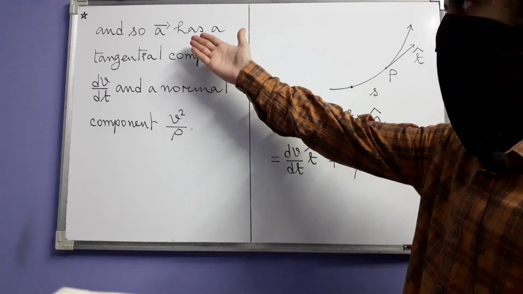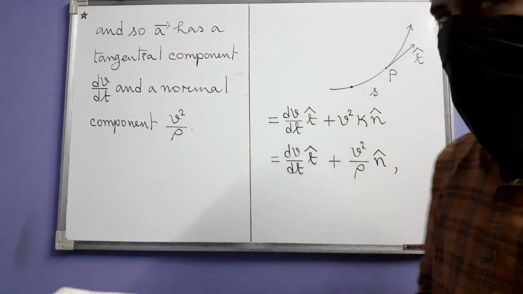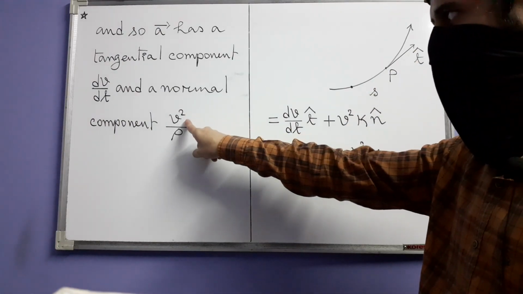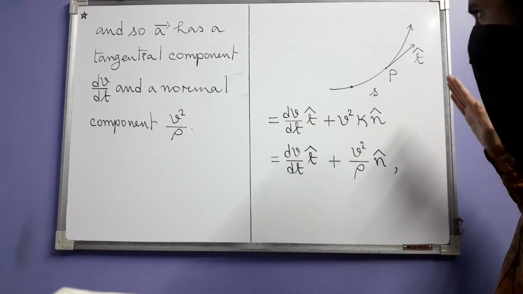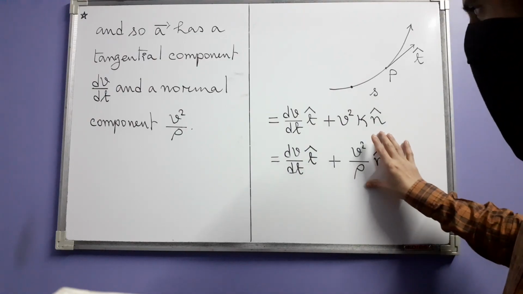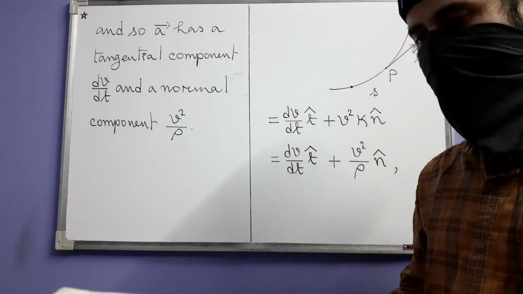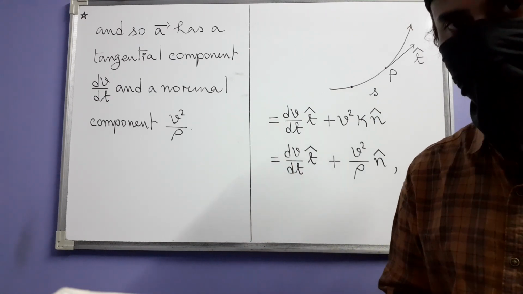And so the acceleration vector has a tangential component dv/dt, that means this component is in this direction, and a normal component, speed squared divided by radius of curvature, perpendicular to that. The meaning of this will not be very clear right now, but it will become clear when we see these same things, velocity and acceleration, in polar coordinates.